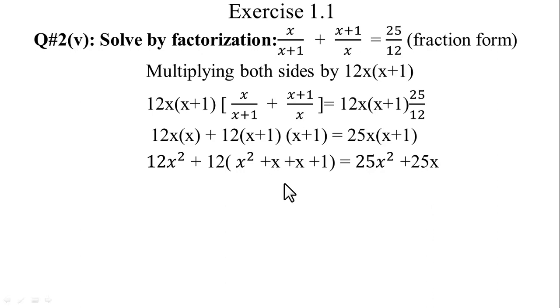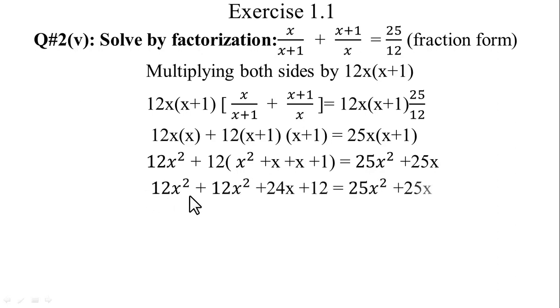Now opening the brackets and arranging the values: 12x square plus 12x square, x plus x is 2x, 2 multiplied by 12 is 24. So 24x plus 12 is equal to 25x square plus 25x.